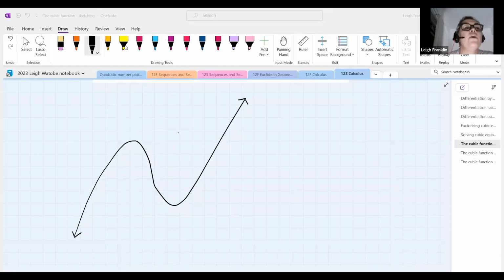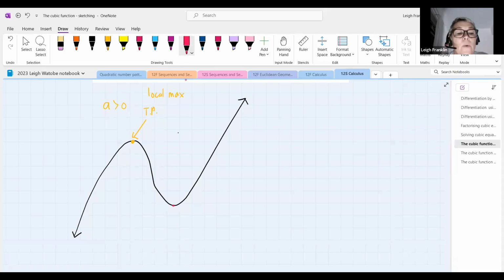So let's barrel on and talk about some important points. Here is a cubic function where A is positive, beg your pardon, it's the wrong way around. It's concave down and then concave up. It's characterized by the following: we have two turning points. The turning point in yellow is referred to as our local maximum.